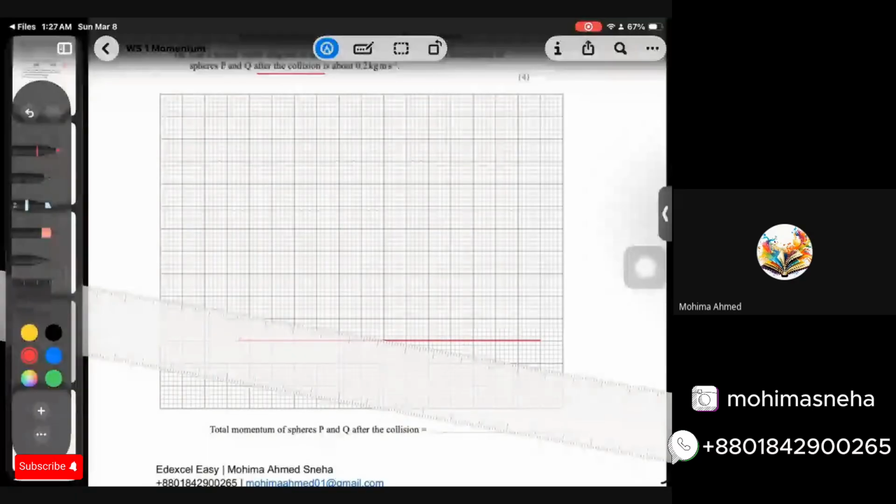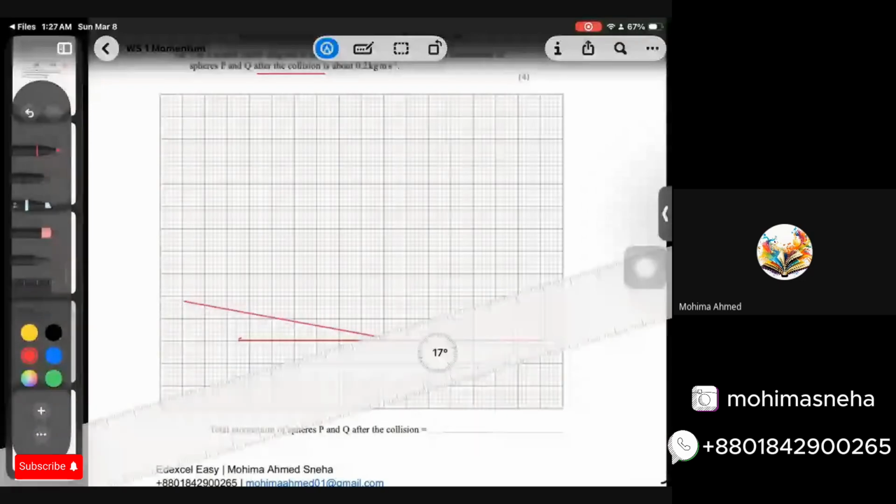Okay, now I have to draw a line for 1 unit, 2 unit, 3, 4, 5, 6, and then 7. I'm going to stop exactly over here. This is a 7 unit length. And then again, I'm going to make this increase 15 degrees, exactly 15 degrees.